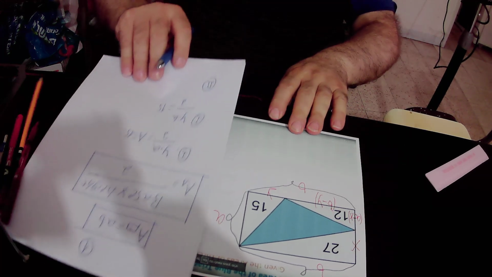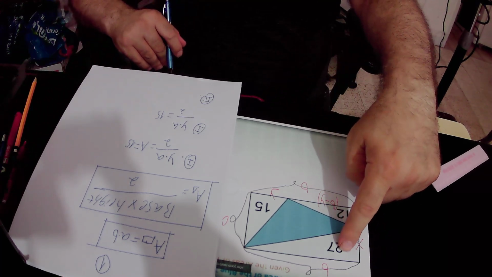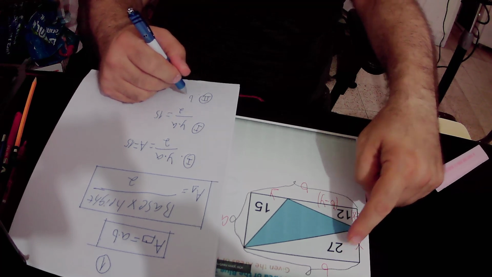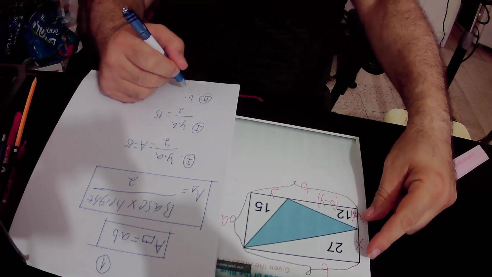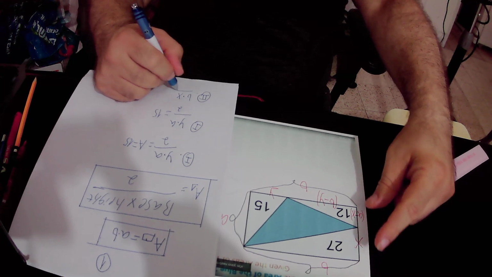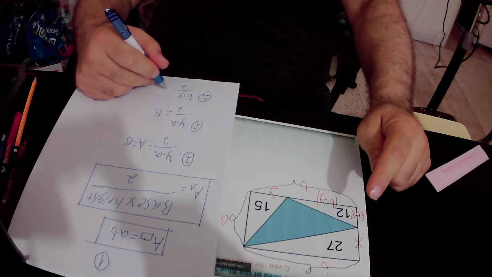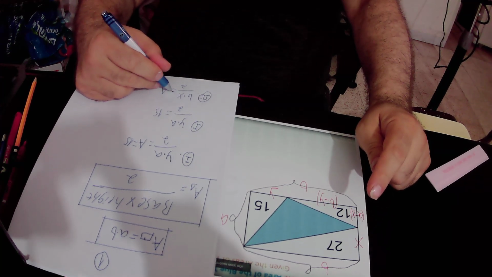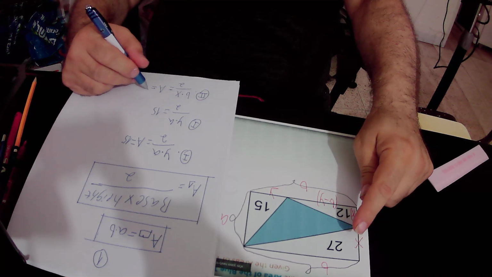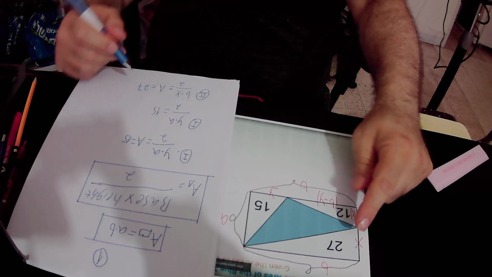It will be actually the base of this triangle, that is B, times the height of this triangle, that is X, divided by 2. It equals the area of this triangle, A, but we have already known that the area equals 27, so we can add to the formula that A equals 27.